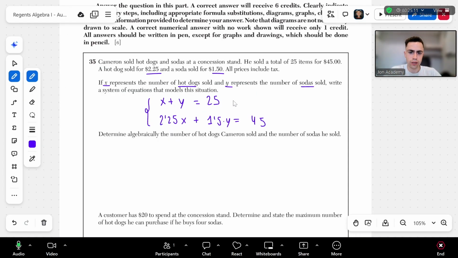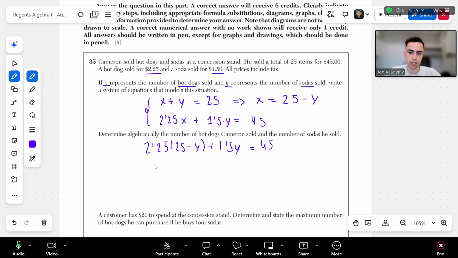The easiest way around is to solve for x in the first equation, for example. So x equals 25 minus y. And now we substitute into the second equation, no? So it's going to be 25 minus y here on the x plus 1.5y equals 45.